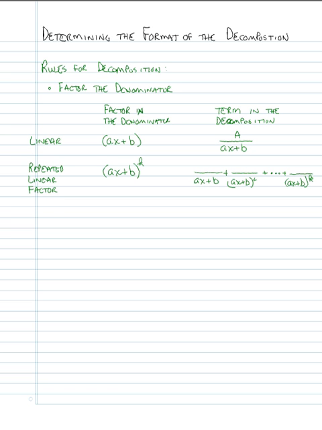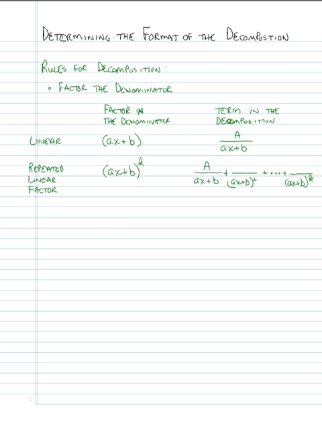Now, what would the numerators look like? Well, in each case, the factor involved is ax plus b. And since that's a first degree factor, our numerator would just be a constant. Now, when we look at the second fraction, ax plus b squared, if we were to multiply it out, we would have a squared term. But the factor involved is ax plus b. It's just to the second power.